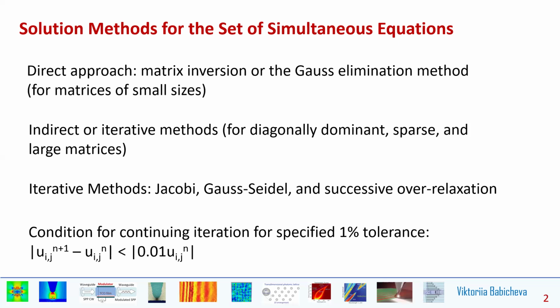This procedure is iterated a number of times so that the potential at a node does not change much in the next iteration and remains within a specific tolerance. For example, if a specific tolerance is 1%, then the iteration is continued until this condition is satisfied.